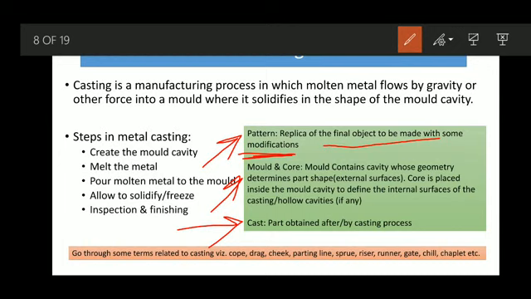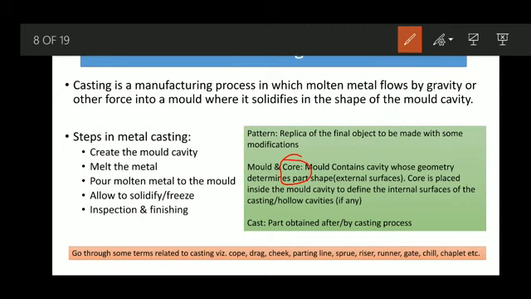But suppose I want one hole in whatever solid part I have obtained. In that case, the core helps. So what does this word core do?